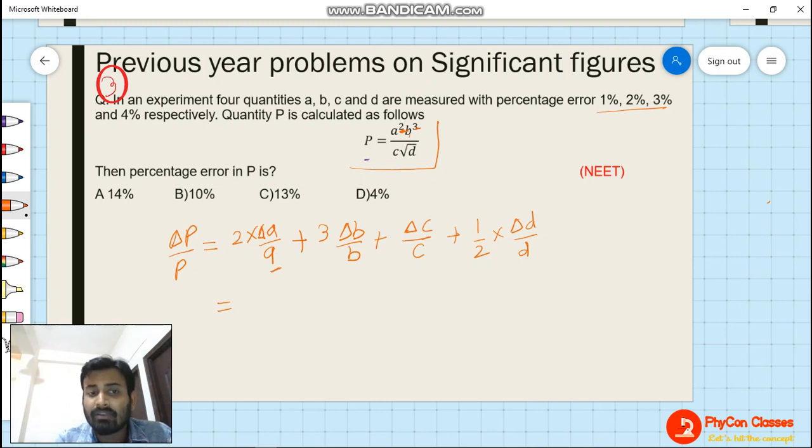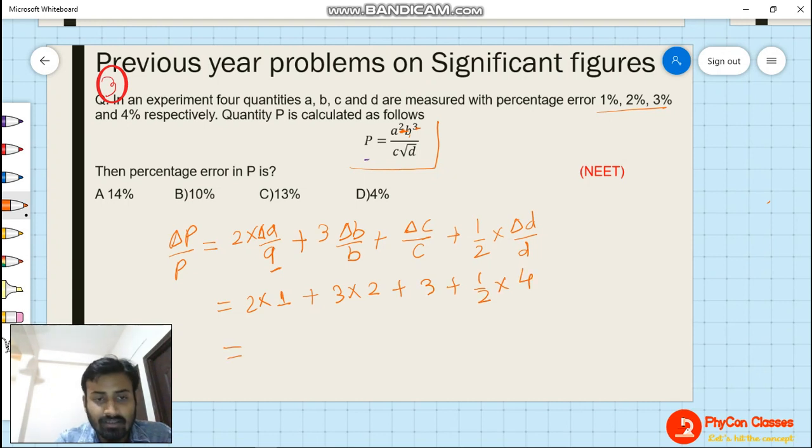If I am writing the percentage error here, then this total equation will be converted into percentage. So 2 multiplied with delta A by A is 1%. If I am taking directly, I am writing in terms of percentage. Okay. So the final answer will be in percentage only. So 3 multiplied with delta B by B is 2, plus delta C by C is 3, plus 1 by 2 times of delta D by D is 4.